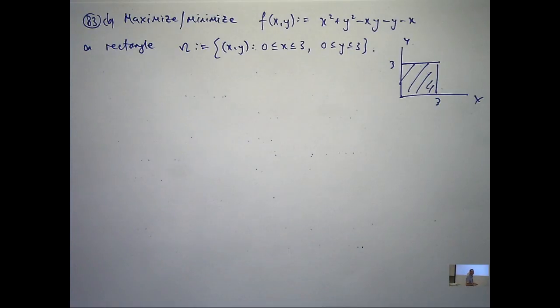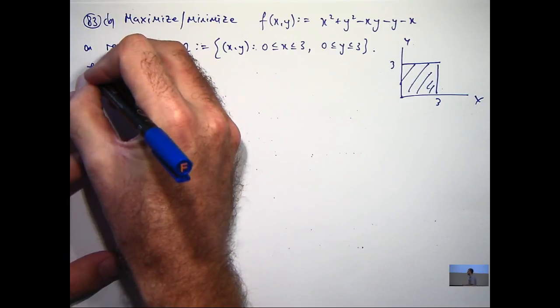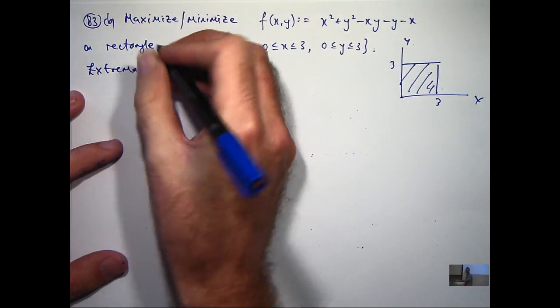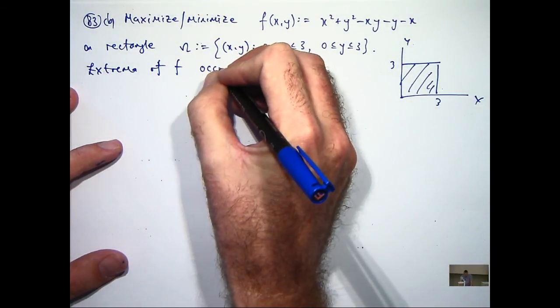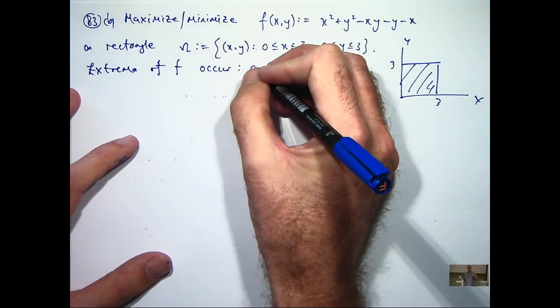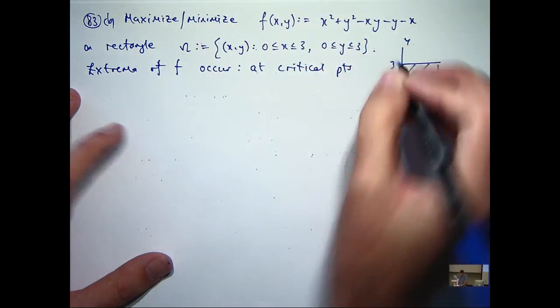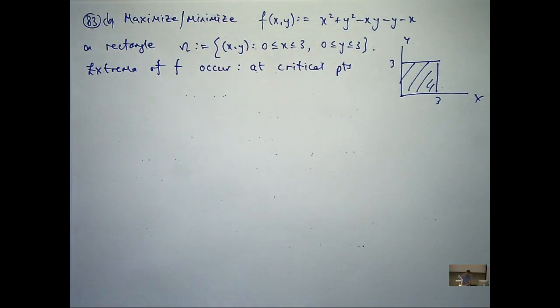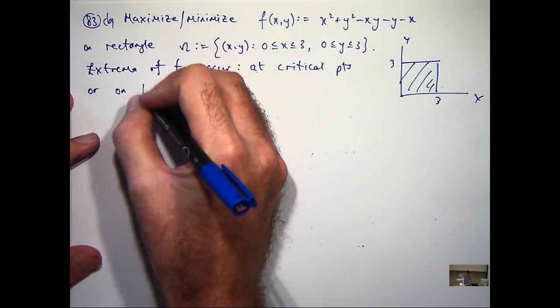That's an important observation. So the extrema of f occur at critical points, by which I mean the points inside the rectangle, not on the edge, or on the boundary.